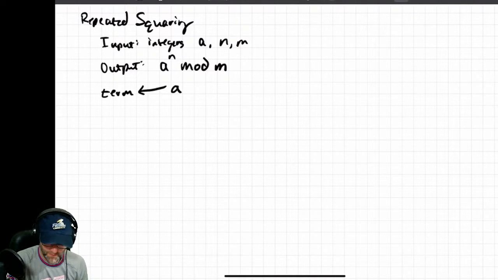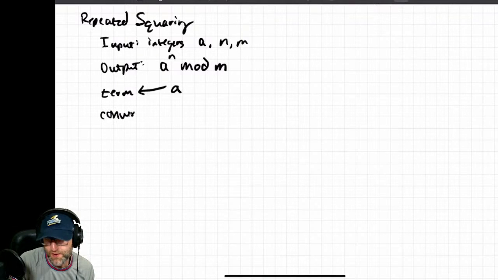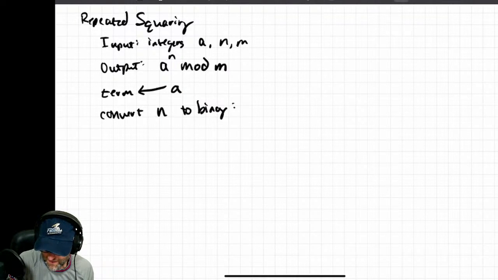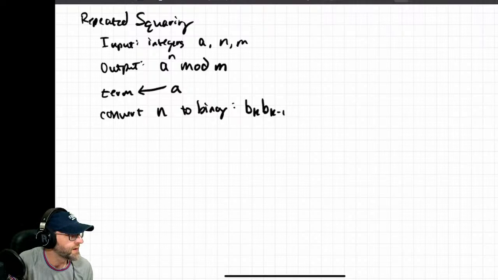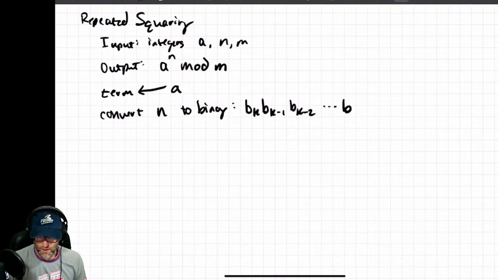What I'm going to do is convert n to binary, or consider its binary form, and label those bits b_k, b_{k-1}, b_{k-2}, down to b_1 and then b_0. Those are the bits. This is also called binary exponentiation because we're using the binary representation here.